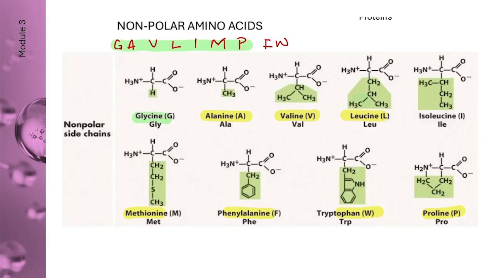Okay, so again we've missed out isoleucine. You see the isoleucine is the I in the GAVLIMP. I don't know if this helps you. If you already have an acronym, that's fine, but you can also memorize GAVLIMP FW as a mnemonic or memory aid to learn the nonpolar amino acids.